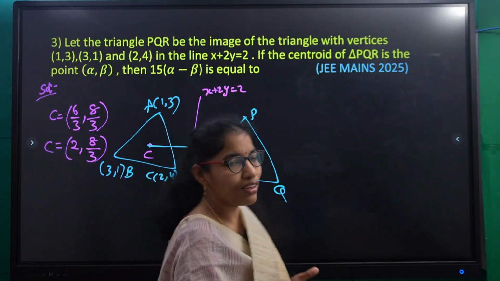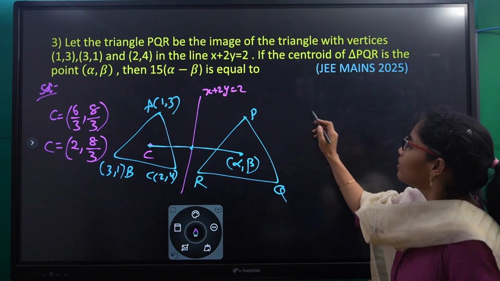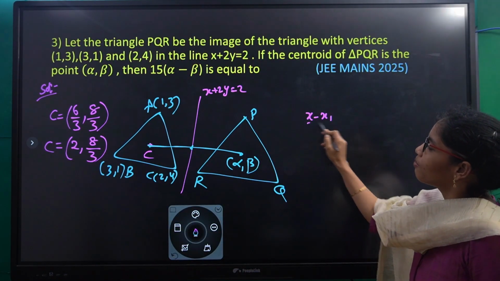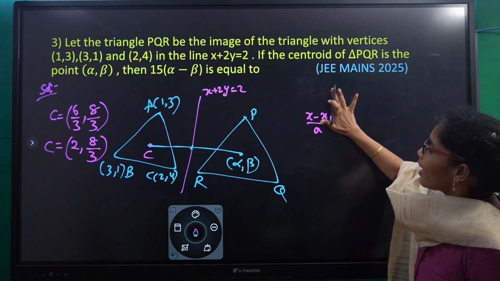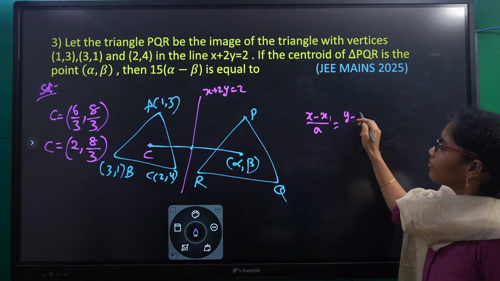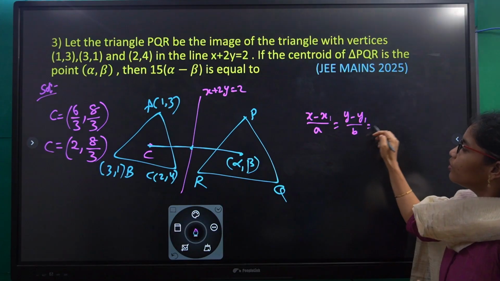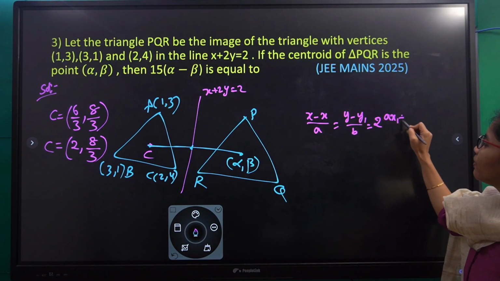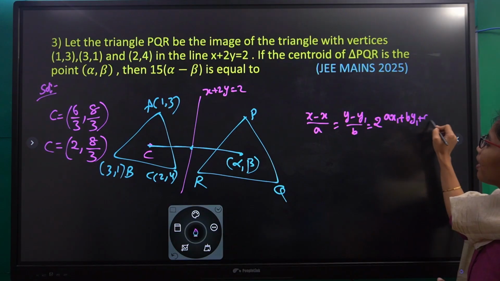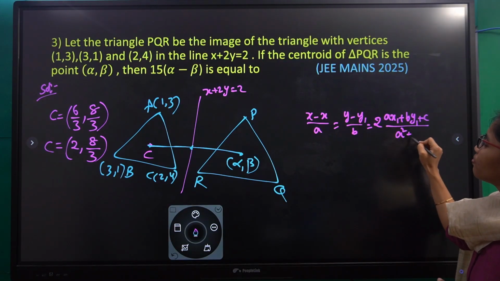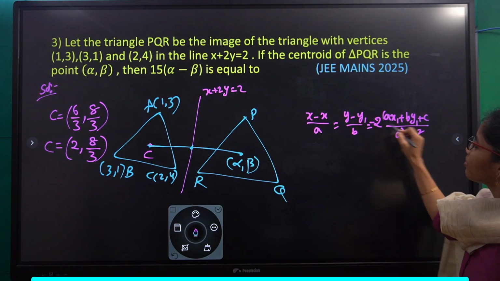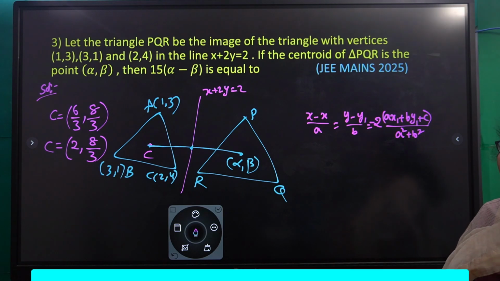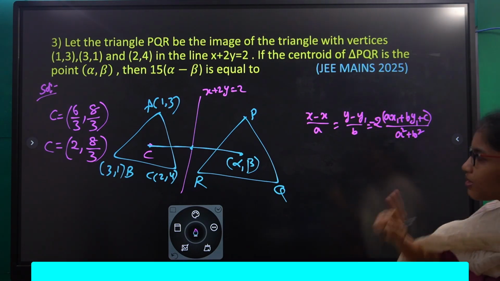What is the formula here to find the image of the point in the line? (x minus x1) by a equal to (y minus y1) by b equal to minus 2 times (a x1 plus b y1 plus c) by (a square plus b square).